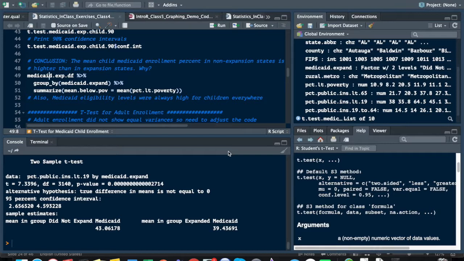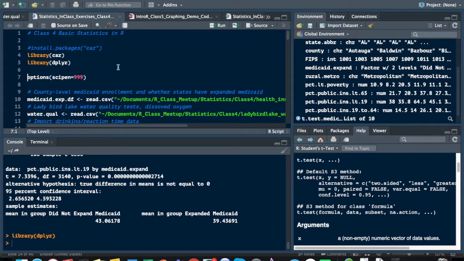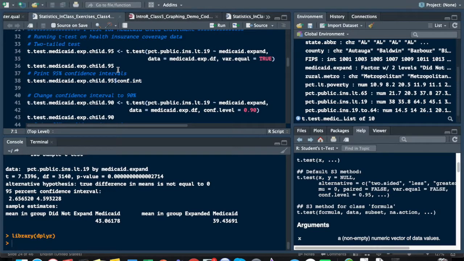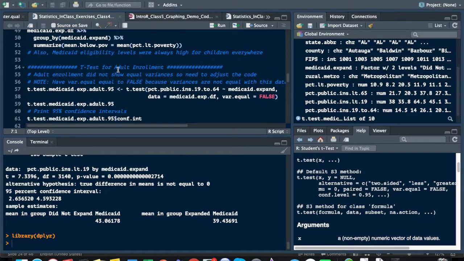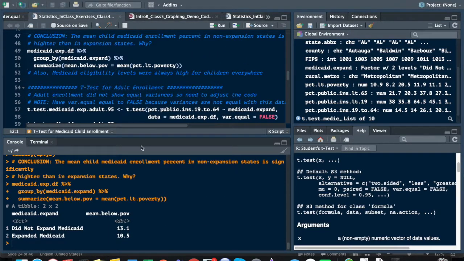So we have whatever number is left over that has not expanded Medicaid. I forgot, you'll have to put this up here and install that package too. I apologize. I always have it installed, so I use dplyr for everything. So if we look down here, t-test for adults.